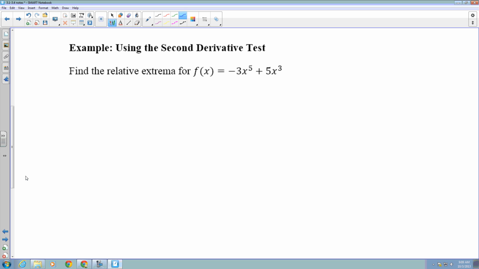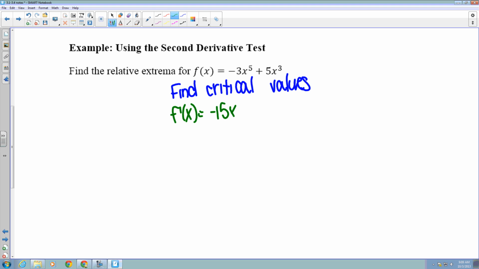So we can actually use the second derivative test to find the extrema. So we need to find the critical values. That was the first part. We needed to find our critical values, and that was from the first derivative. Okay, we can pull out 15x squared.